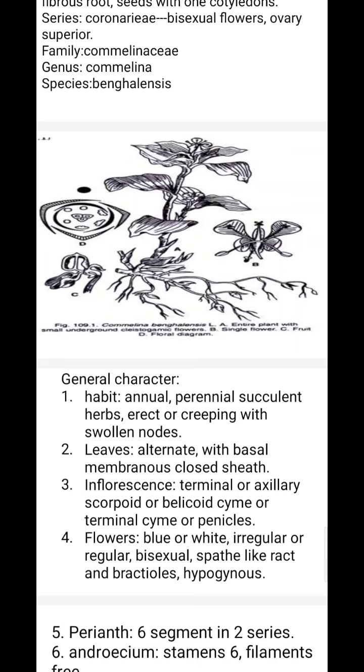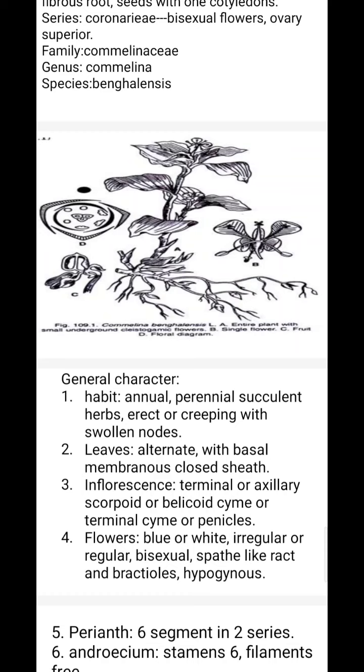Then other flowers are arranged on the lateral branches. In the flower, you have to see the perianth and some stamens, and the middle is the ovary. Then there is the C figure, that is the fruit of this Commelina.